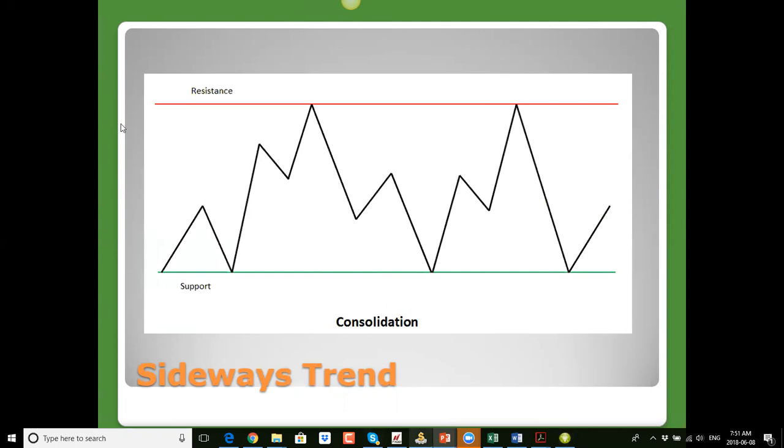This is called the range-bound market, when price is not really making any higher highs or higher lows. It's just going back and forth. And it doesn't have to look, again, perfect like that. But the point is that price goes up, comes down, but there's no defined higher highs and higher lows, or lower highs and lower lows.